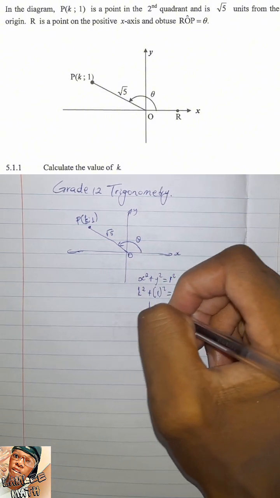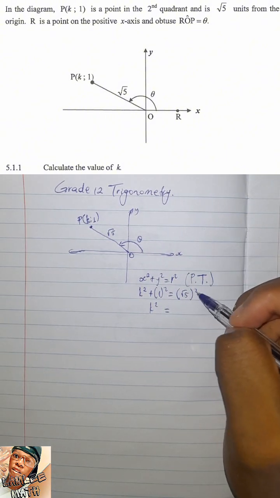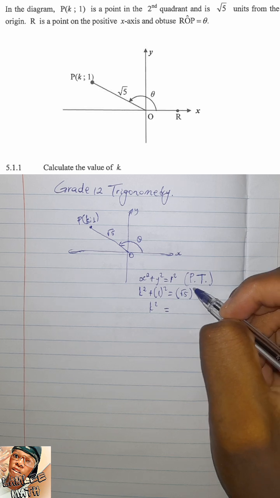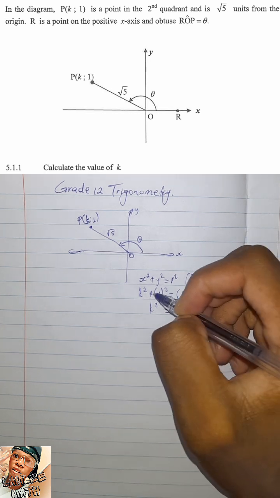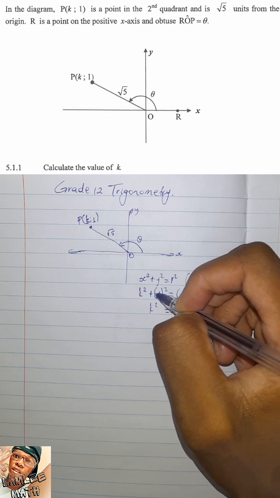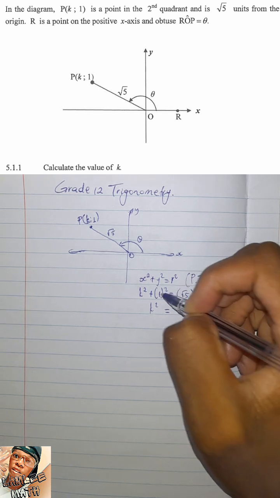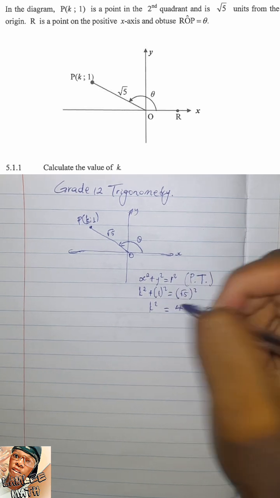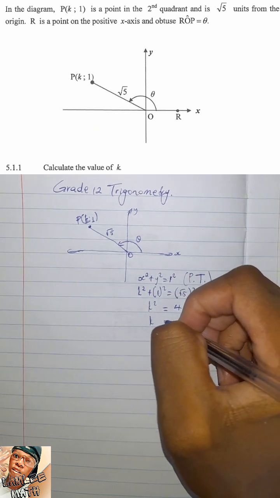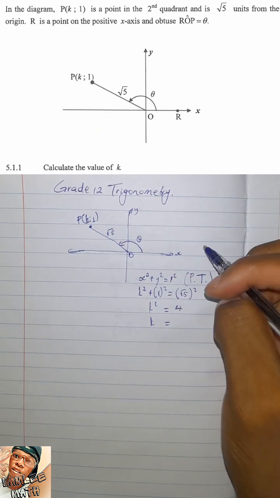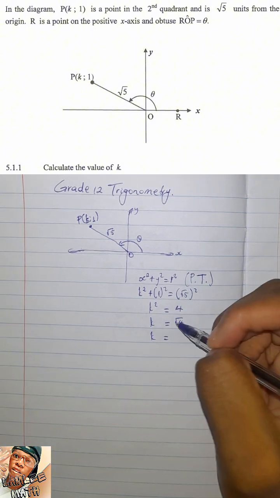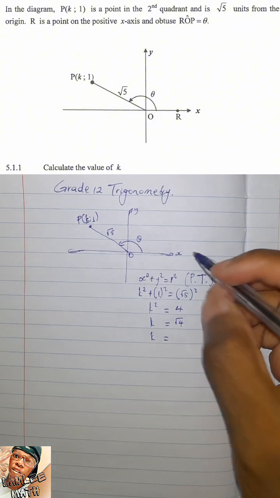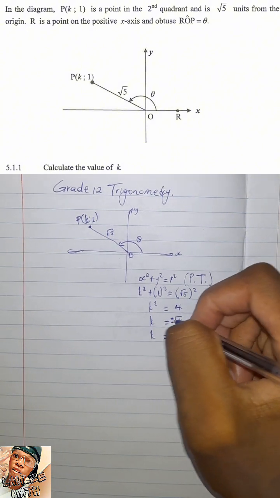So now we have k squared plus 1 squared is equal to root 5 squared. The square cancels the square root, so we are left with 5. 1 squared is 1. When you transpose it to the right hand side, it becomes negative. So 5 minus 1 is 4. So k squared is 4, and k is equal to the root of 4, it has to be plus or minus.